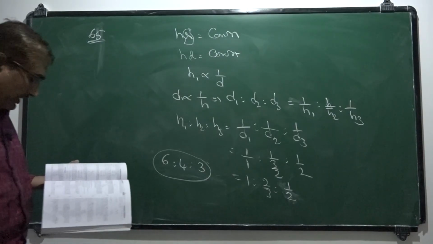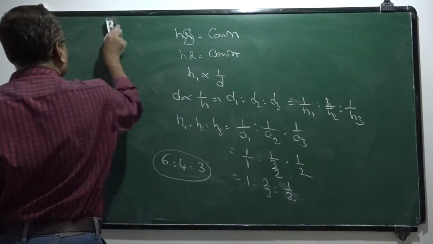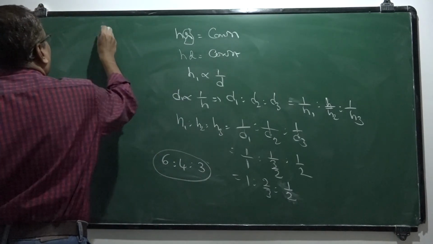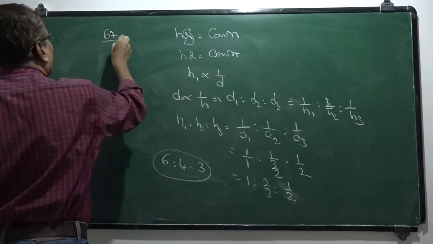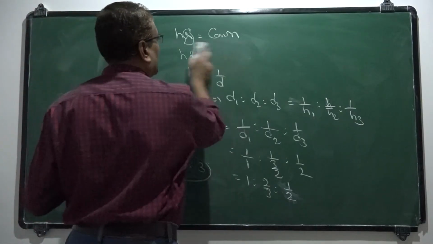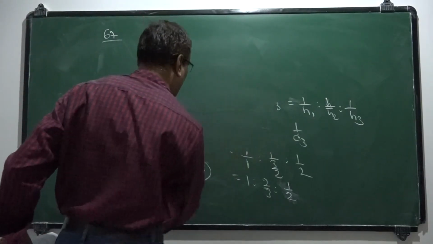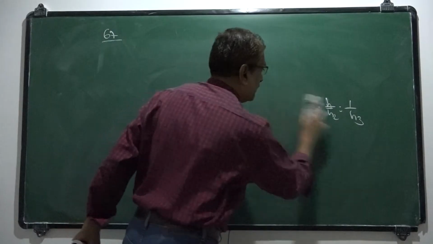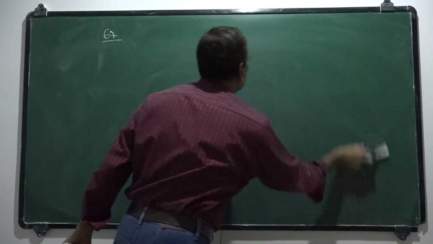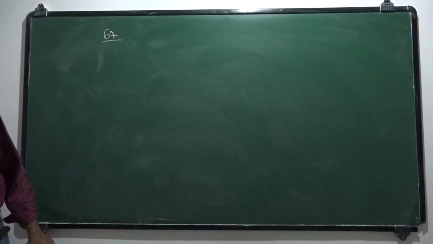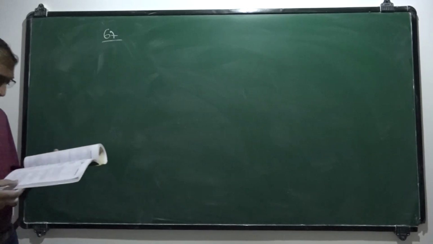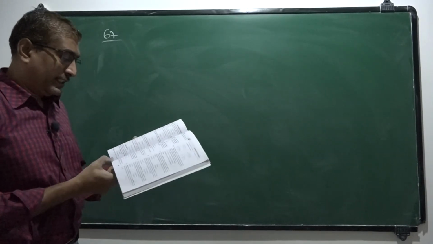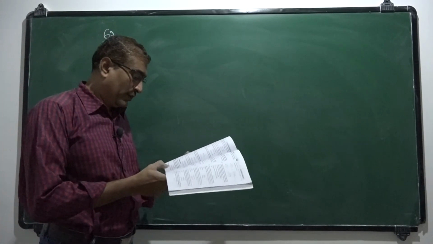Now the 67th one. Water rises to a height h1 in a capillary tube in a stationary lift.